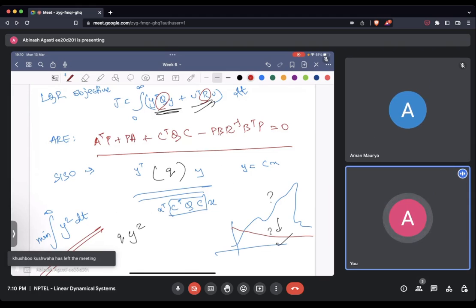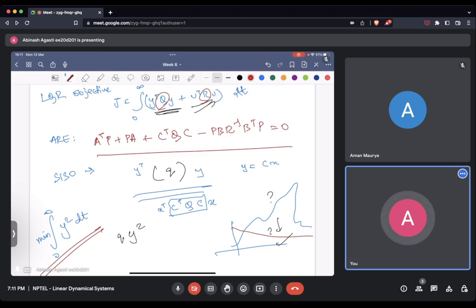On the other hand, let's say I have a motor as an actuator and I do not have a very powerful motor, I have just a very small one. Then I can weight the R matrix highly.